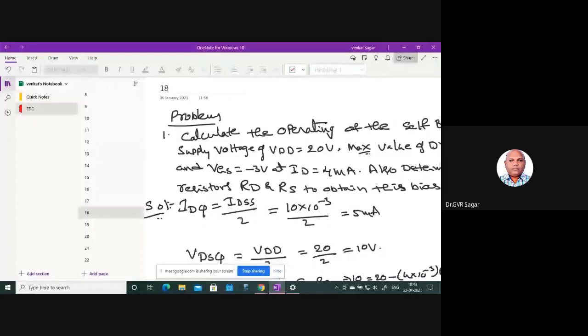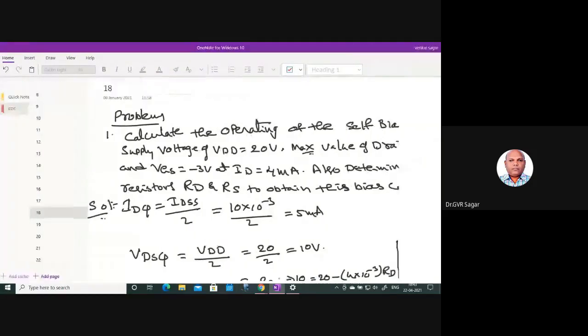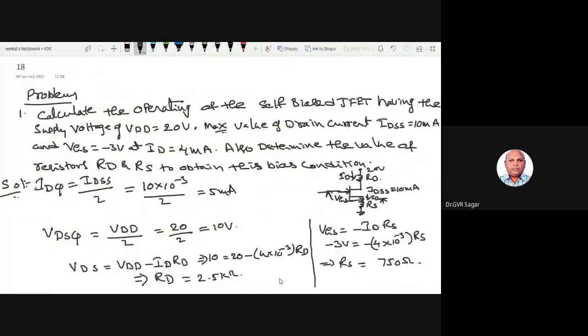So for the first problem, calculate the operating point of a self-biased JFET having the supply voltage VDD of 20 volts. Maximum value of drain current IDSS, the drain to source saturation current, is 10 milliamp.